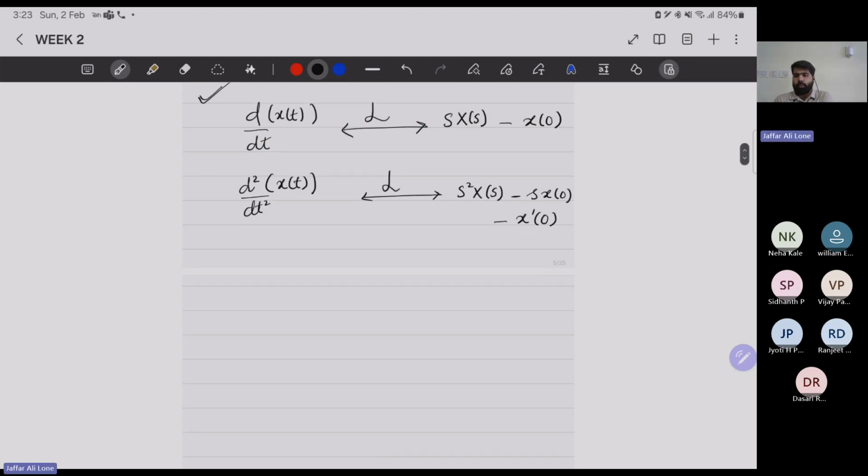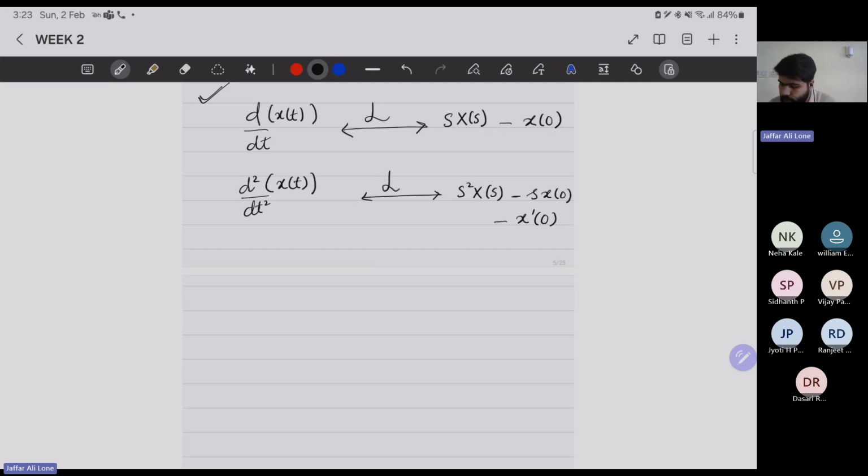So these two properties are very, very important as far as control systems are concerned. You will use these properties while solving differential equations, while finding transfer functions, or in general solving questions in control systems. So they're very important.